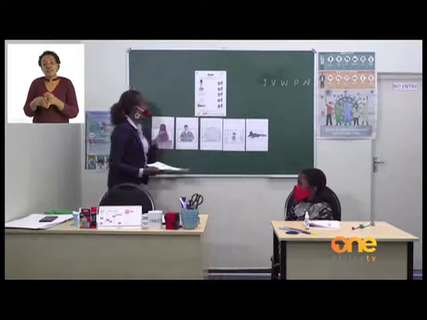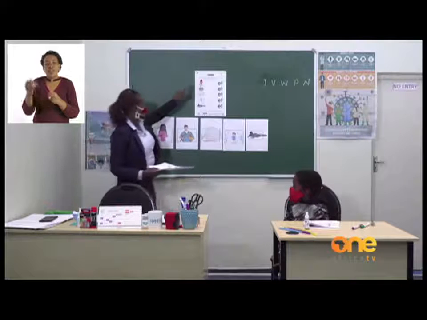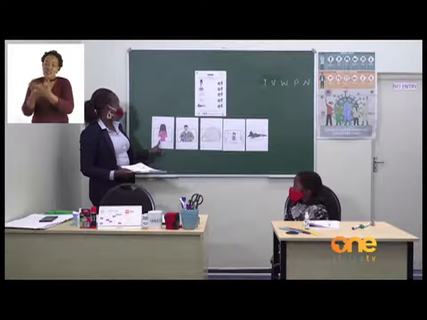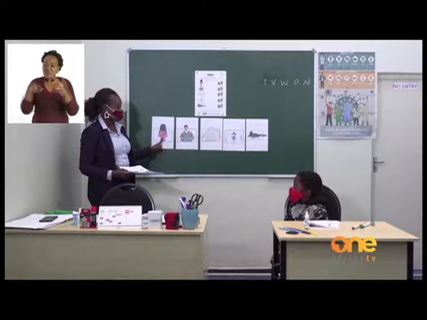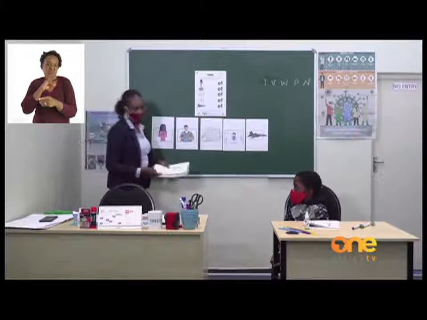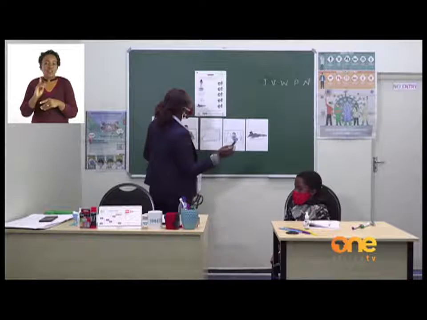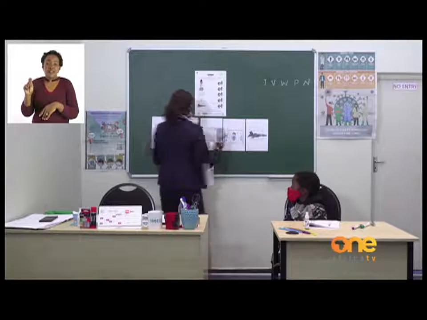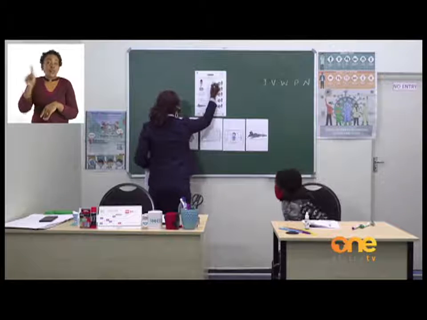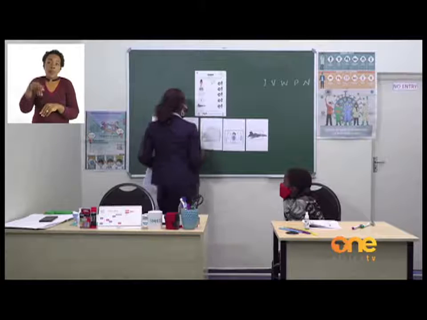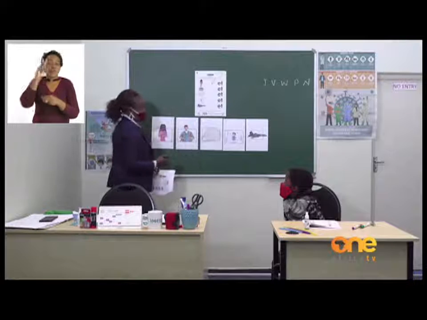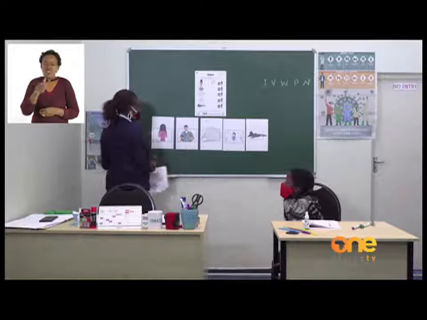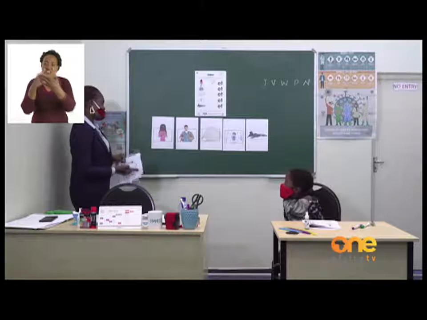Okay. We have this. What is it? It's a pet. So we come and check here. Do we have P for pet? Yes. We put P, then it will be a pet. And we also have this picture. What can you see?